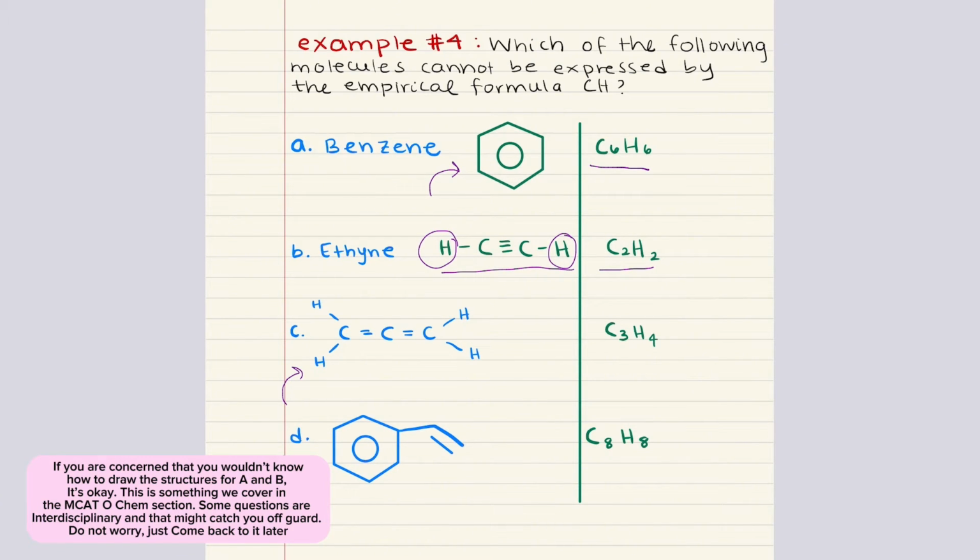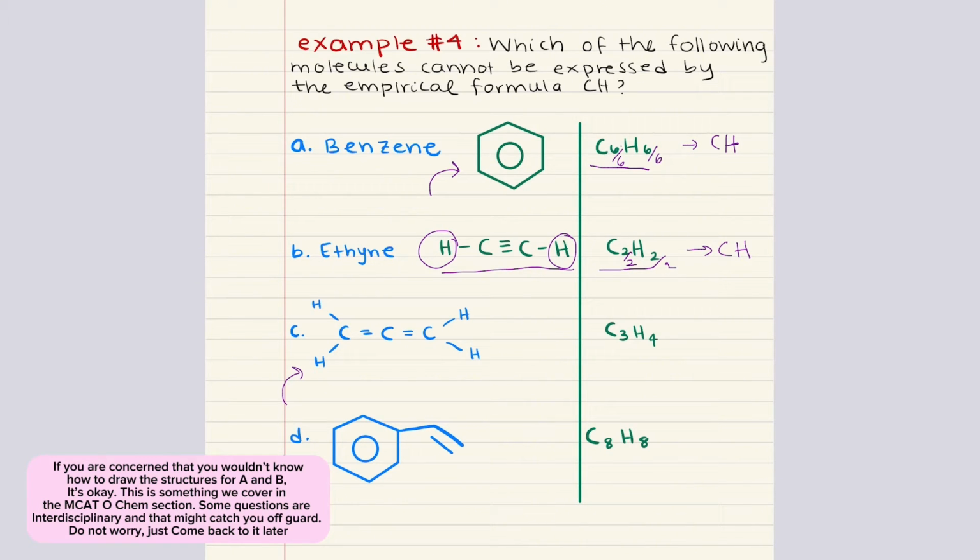In this case, given the empirical formula CH, any molecule with carbon and hydrogen atoms in a 1-to-1 ratio would be accurately represented by this empirical formula.